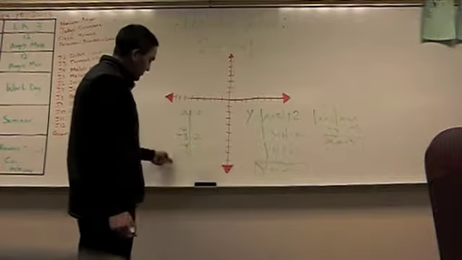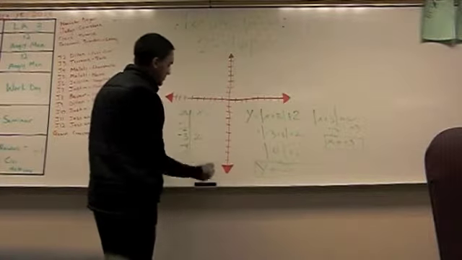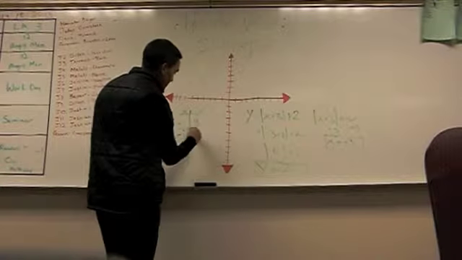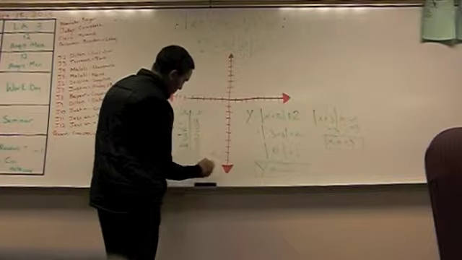Then you get your other numbers, you plug them into the original equation. -1 plugged in, you get 4, -2, 3, -4, 3, -5, 4.